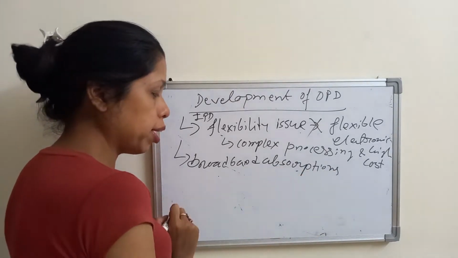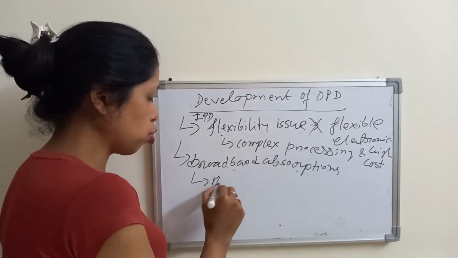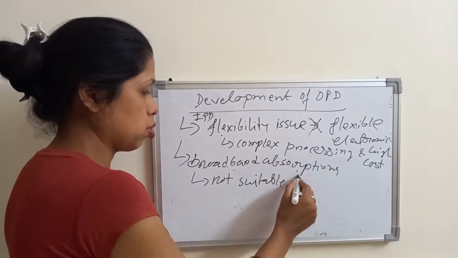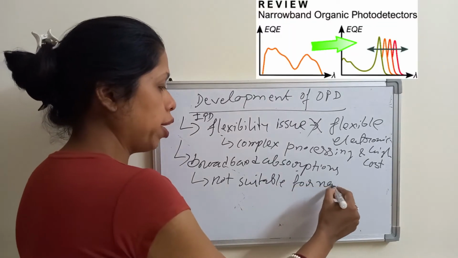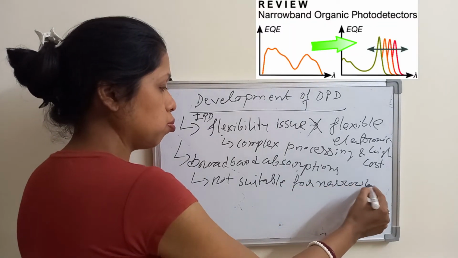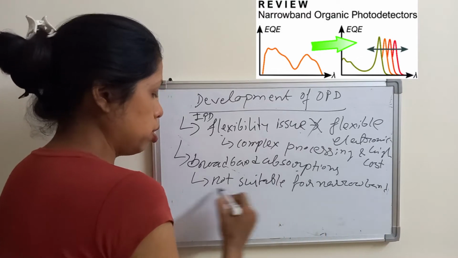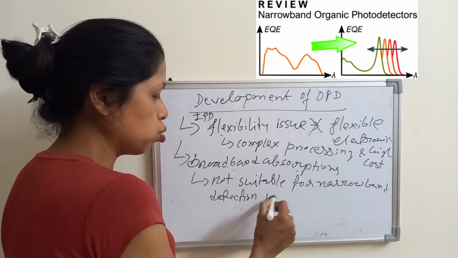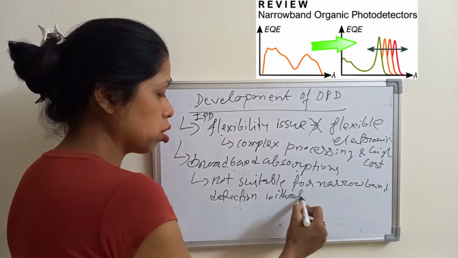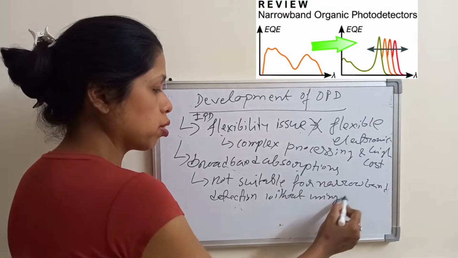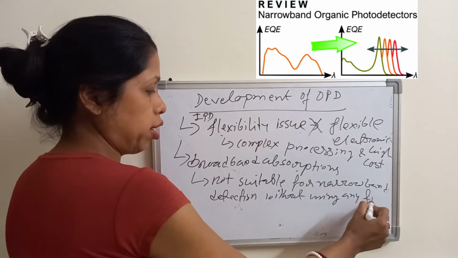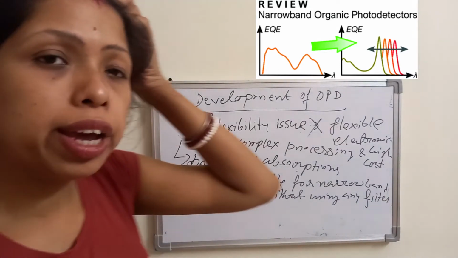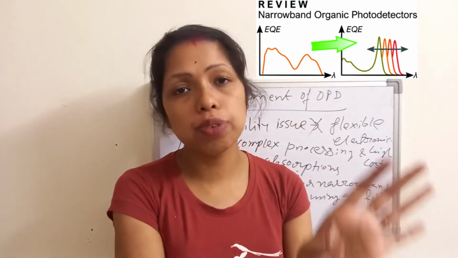Due to the broadband absorption, they are not suitable for narrowband detection without using any filter. These two are the main limitations for the inorganic photodetector.